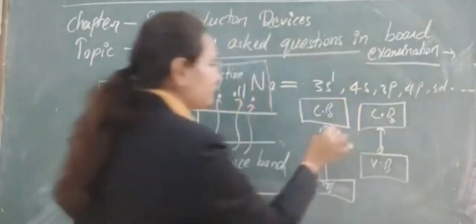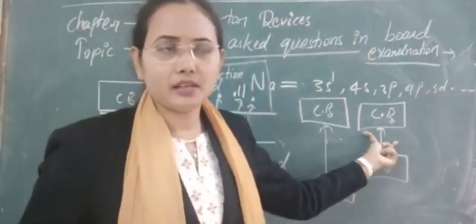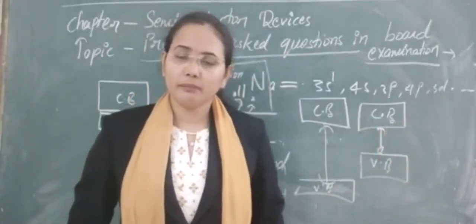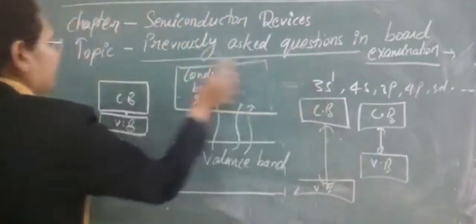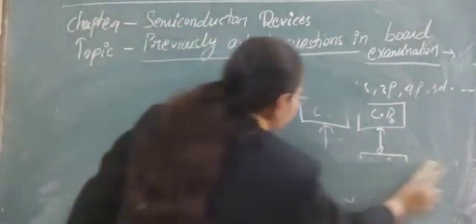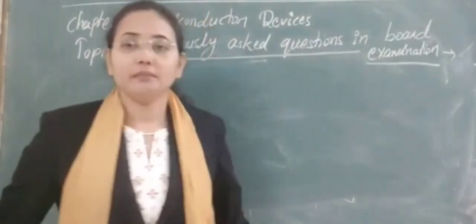This is less than this but greater than this. Nearly, this forbidden energy band gap is equal to 0.1 electron volt to 5 electron volt, depending on the different material. Clear? So this is the basic band picture and free electron model for semiconductor, insulator and conductor material.